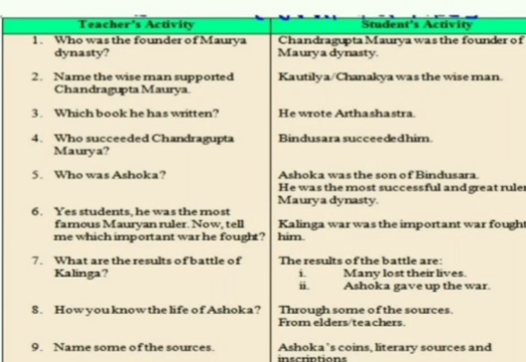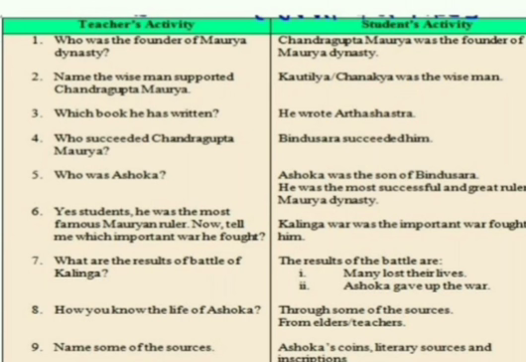Now tell me, which important war did he fight? The Kalinga war was the important war fought by him. What were the results of the battle of Kalinga? Many lost their lives. Second, Ashoka gave up war. Do you know about the life of Ashoka? Through some sources, from elders and teachers, we have heard, ma'am.